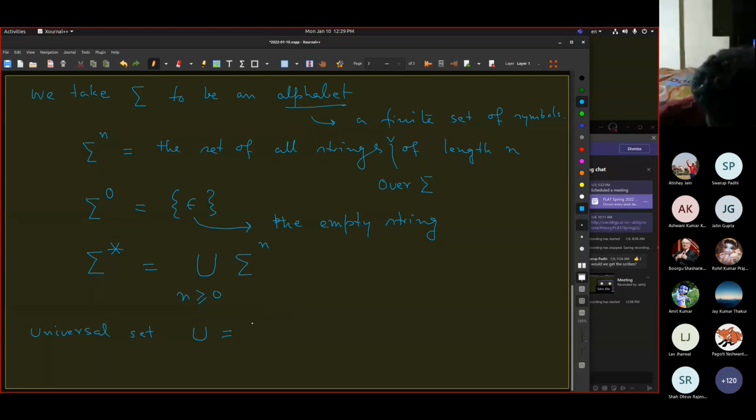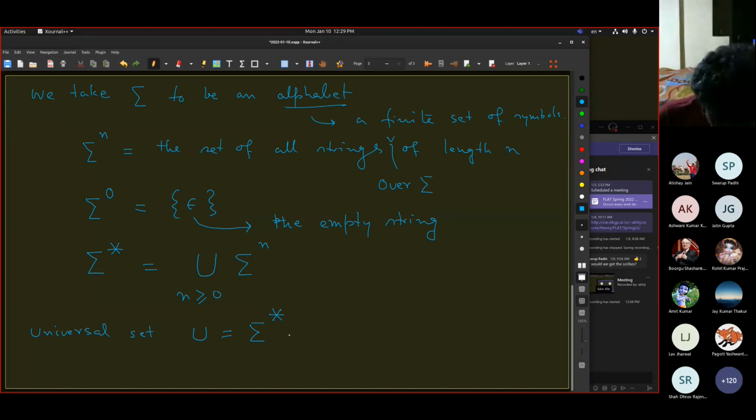I can, without loss of any generality, take it as sigma star for some appropriate sigma. Happy or not? Yes, sir. There is no harm in doing so. So we will always take the universal set to be sigma star for a suitably chosen sigma, the alphabet.